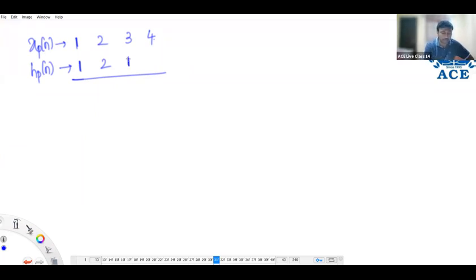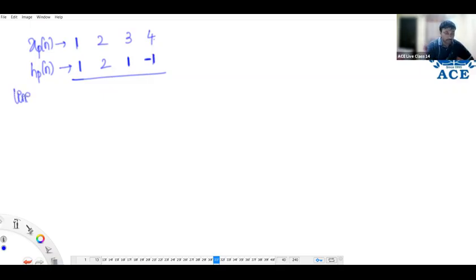Anyway, I am repeating our existing question. Input 1, 2, 3, 4, system 1, 2, 1, minus 1. First point we have to check is their length. Input has 4, system has 4, output length also 4.